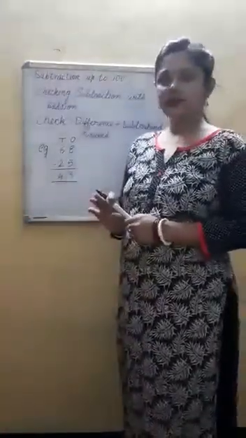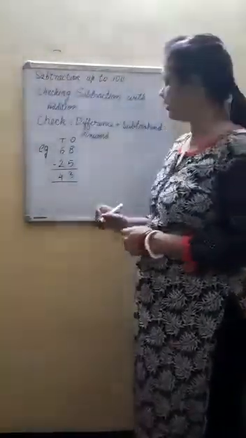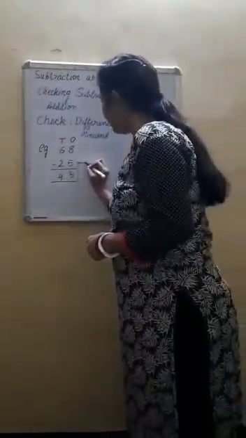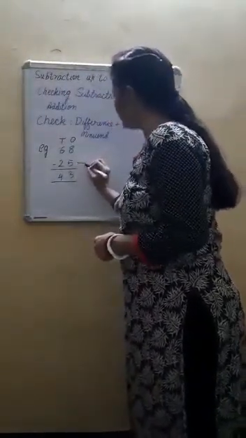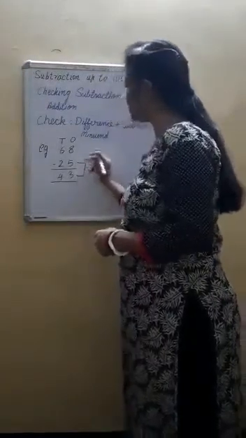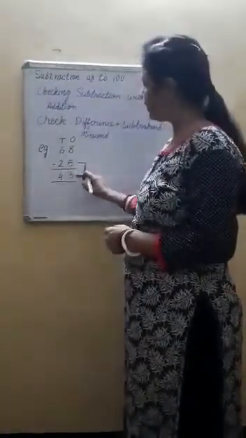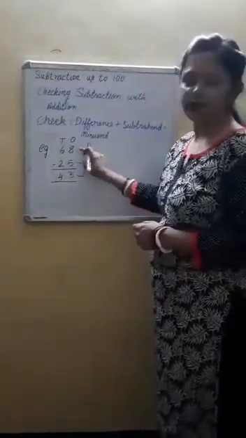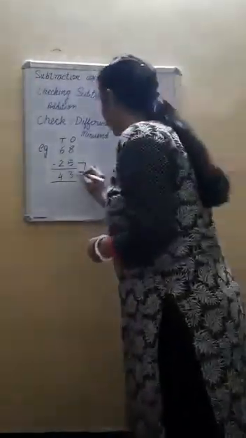Now let's check it with the help of our formula. So according to our formula, we have to add the difference and the subtrahend. So this is our subtrahend, this is difference. So when we add these two numbers, we should get minuend. So now let's add it up.